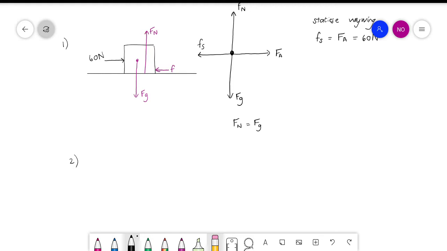Okay, so the free body diagram will look exactly the same. Fg will be equal to Fn. And the applied force will be equal to the frictional force, but this is going to be Fs max.